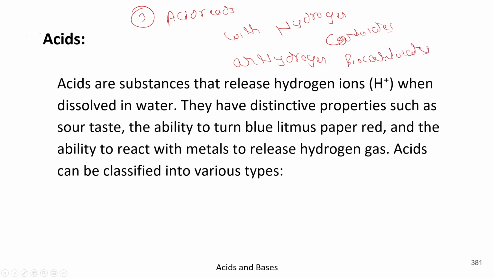It is the third condition. So remember, the same products will be received as with metal carbonate. So if in the third condition you're reacting acid with the hydrogen carbonate, which is also called hydrogen bicarbonate, then you will receive the same products as the metal carbonate. Got it? Now let's move forward.